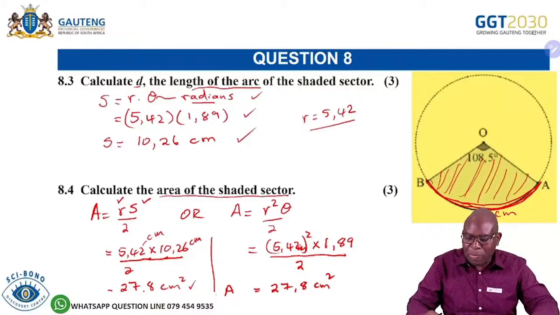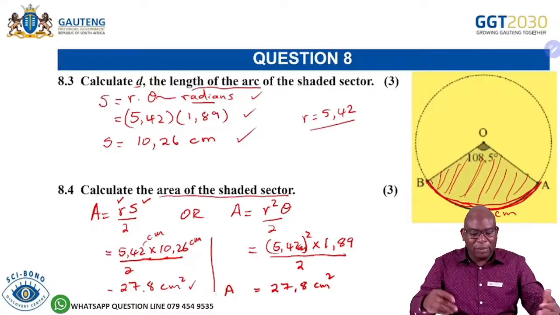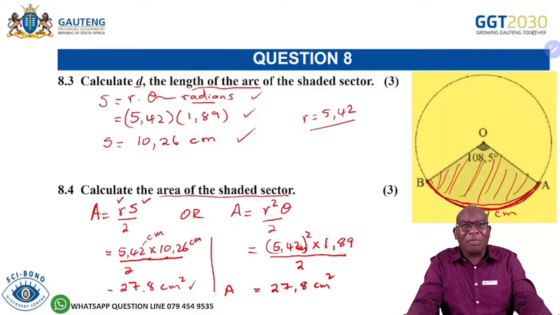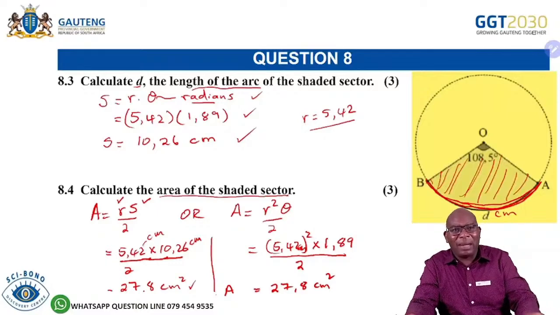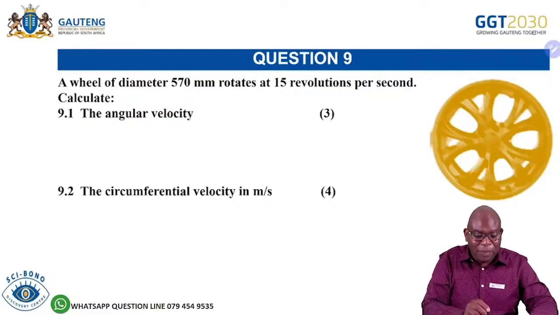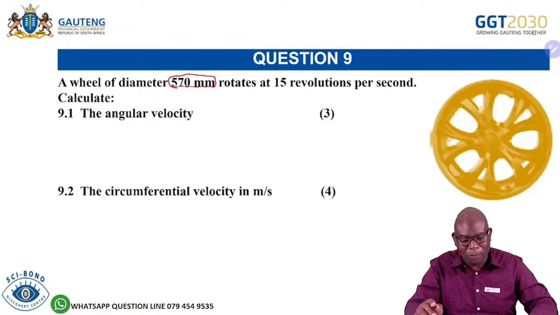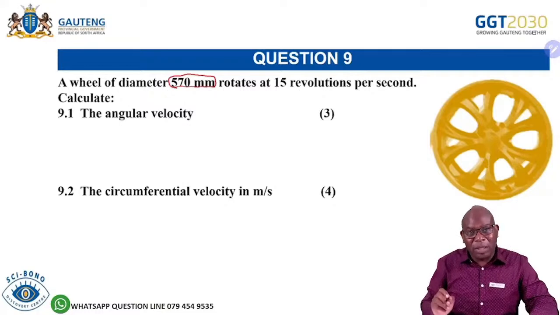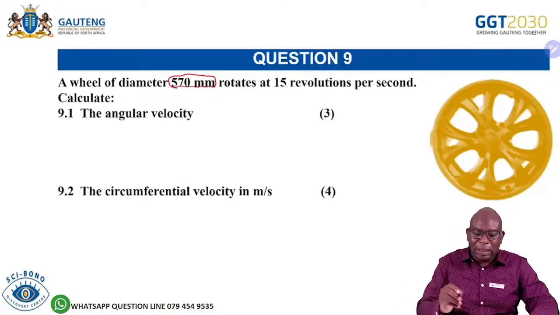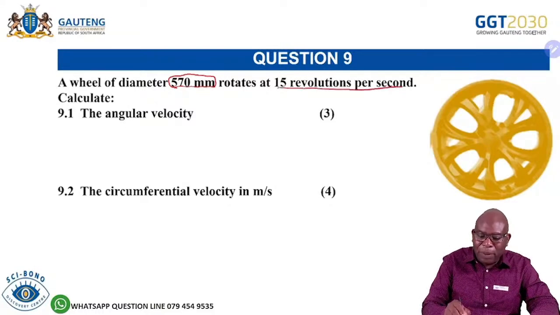Okay. Right. Same questions, yeah? You'll get this type of question, and the formulae are there, they are written. In this case, they say a wheel of diameter 570 millimeters. You must be very careful, because in your questions they might say give it to us in meters per second. Here it says 15 revolutions per second.